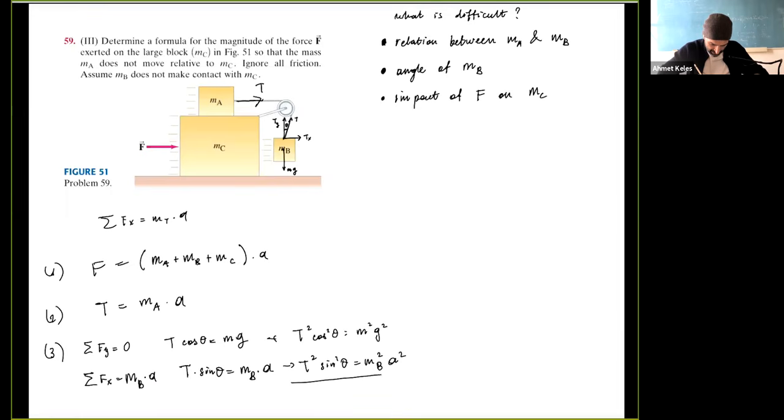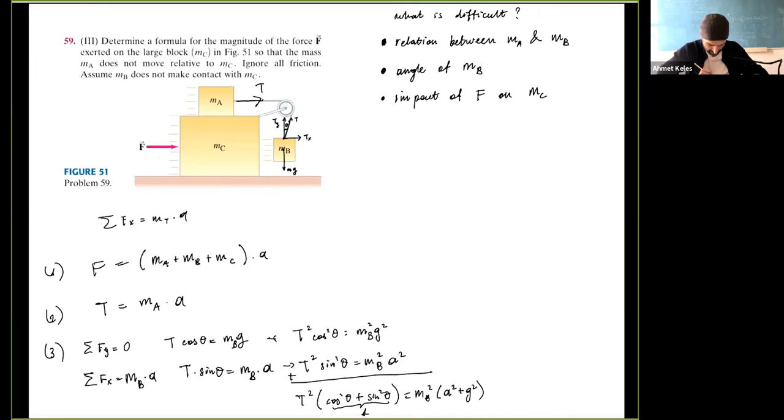And if I sum these, I have T squared, open the parentheses, cosine squared theta plus sine squared theta, is equal to MA squared A squared plus MB squared G squared. But we know from high school analytical geometry, this is 1.